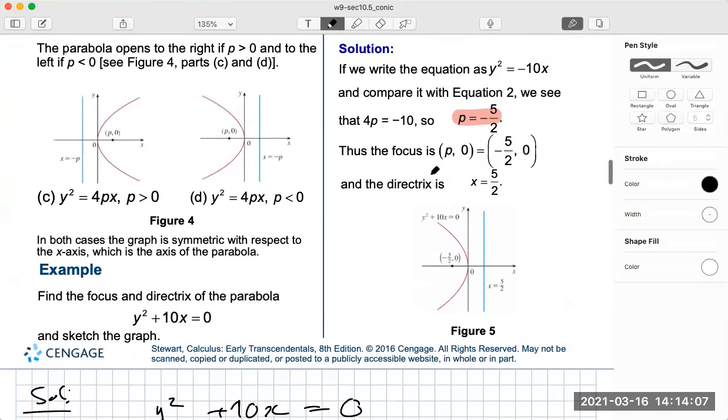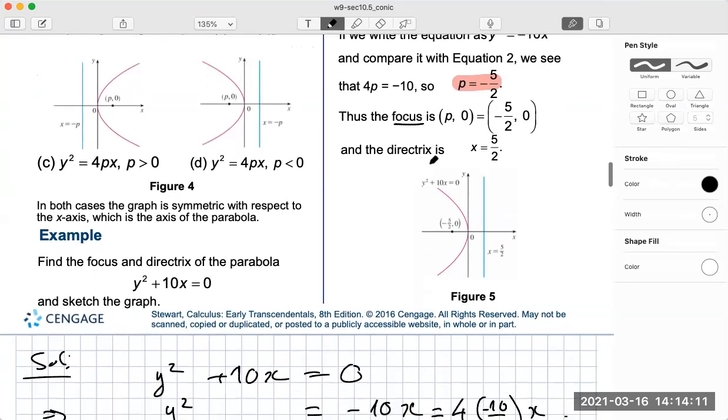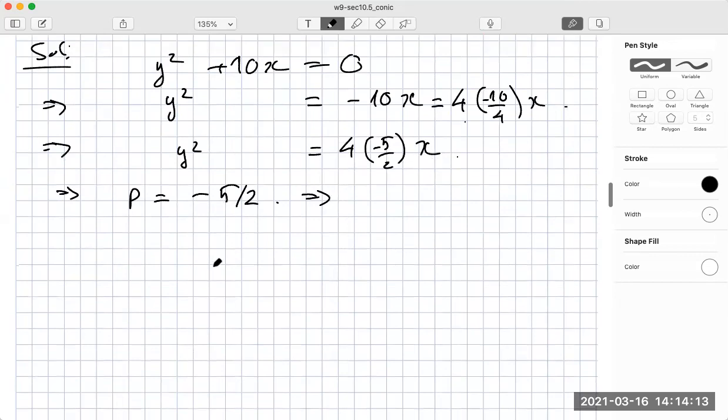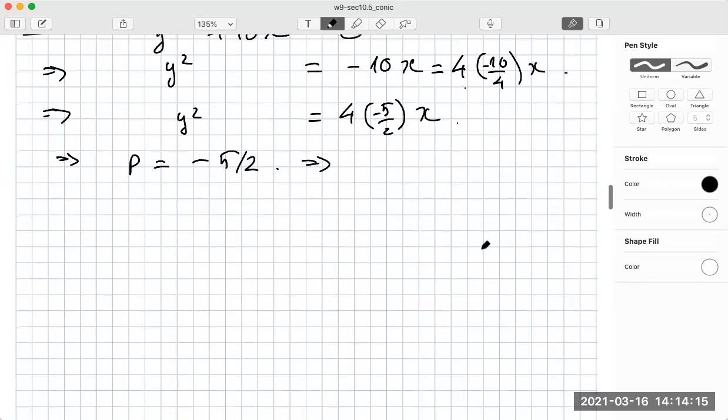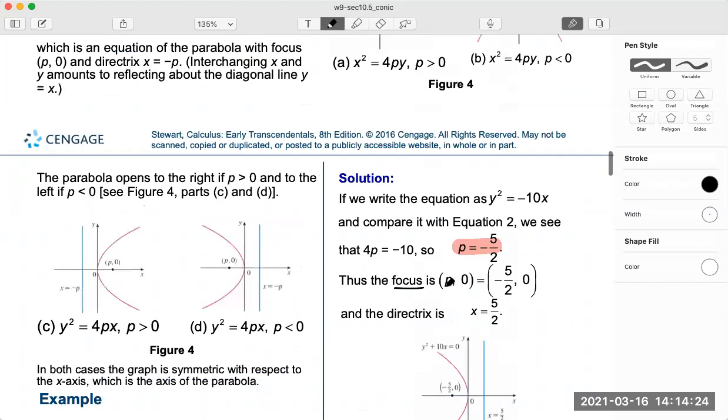So, therefore, the focus will be (p, 0). Look at this.